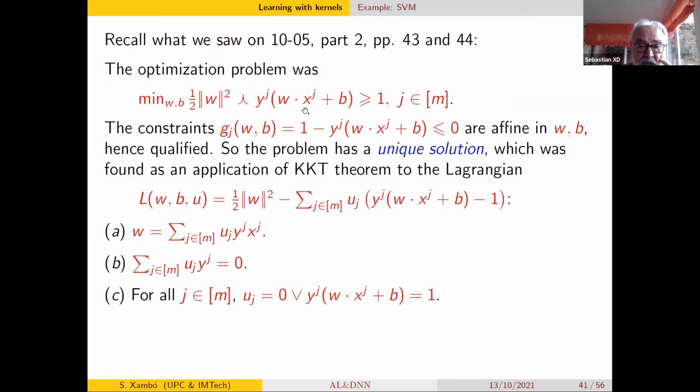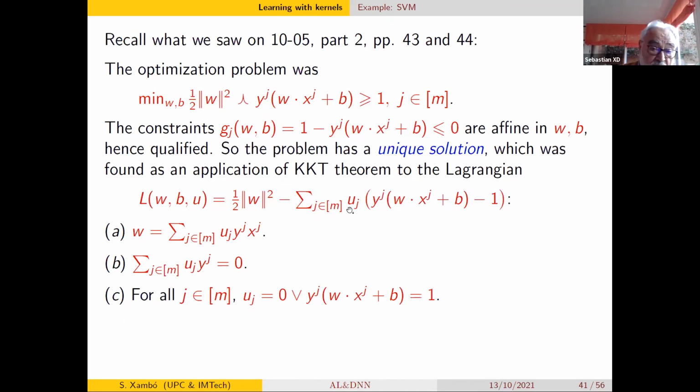This is the condition here. These conditions are affine in WB, hence are qualified in the sense of the session on October 5. And therefore, there is a unique solution which can be found as an application of the Kernel theorem to the Lagrangian of the problem. The Lagrangian has this term and has one term for each condition, so a Lagrange multiplier and the condition, this condition here.